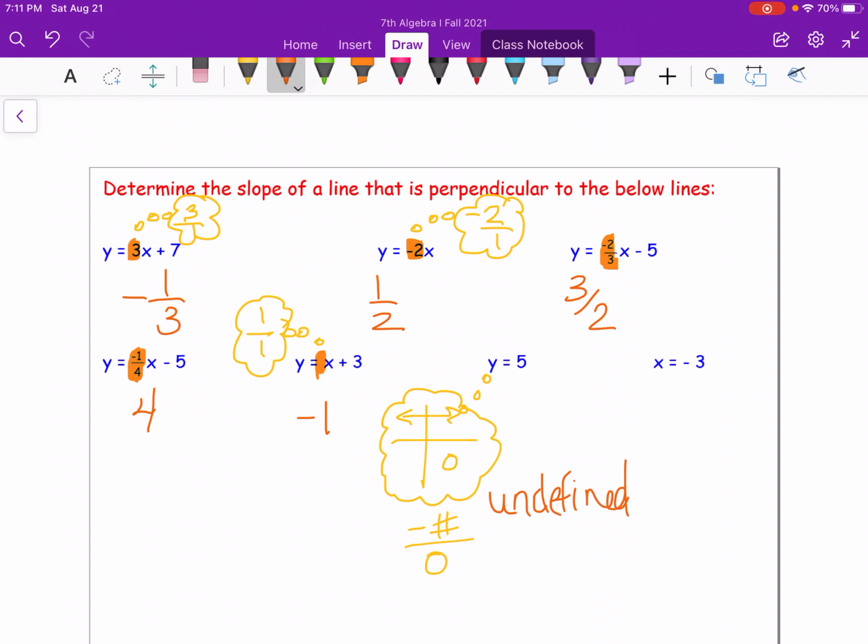Also, we said that horizontal and vertical lines are perpendicular to each other. So similarly in this next one, x equals -3. If I drew that, it's a vertical line, which has a rise of some number and a run of 0. So that actually has a slope of undefined. So the perpendicular slope would be 0.